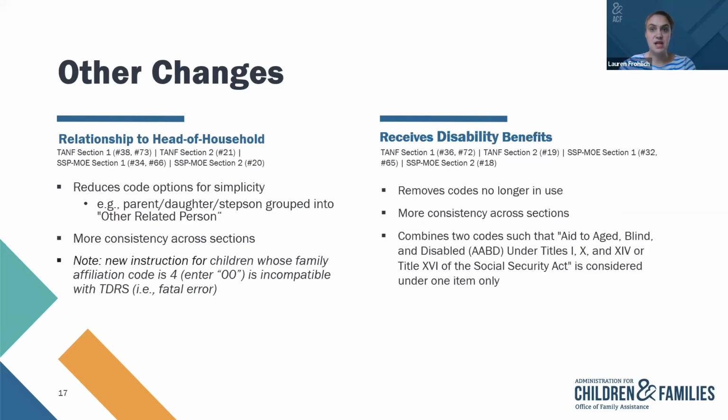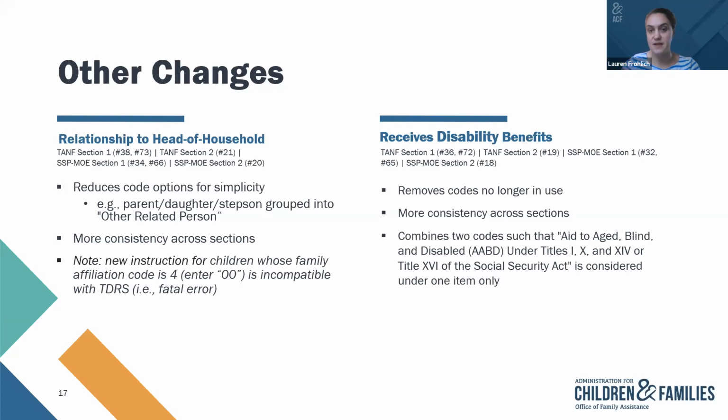Here, relationship to head of household, we reduced code options for simplicity, also made more consistency across sections. And this is another one where the new instruction for children whose family affiliation code is 4, it's optional, enter 00. But that is something that would get you a quote unquote fatal error in TDRS.